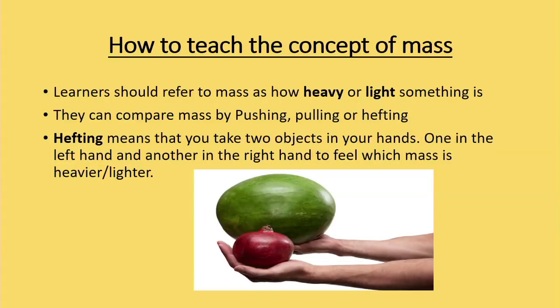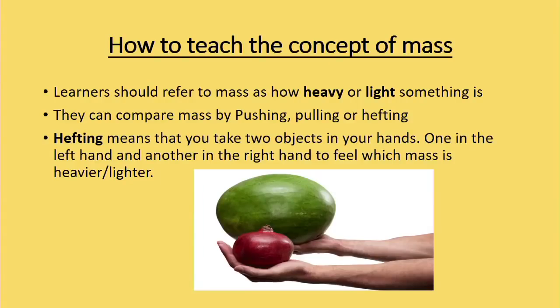Hefting simply means when I take two objects, I put a lighter object in one hand and a heavier object in my other hand, and then I compare light and heavy. So I compare mass by pulling, pushing, or hefting.